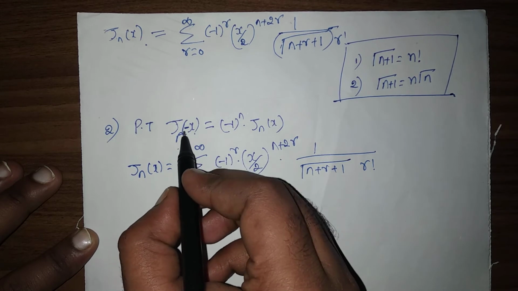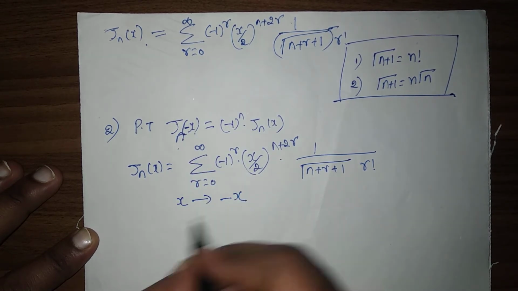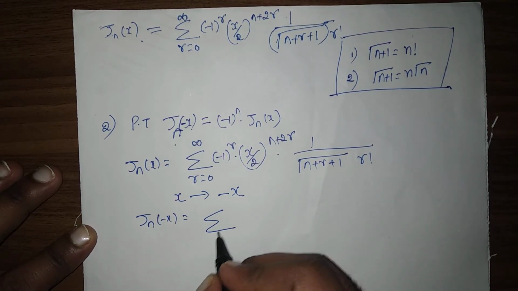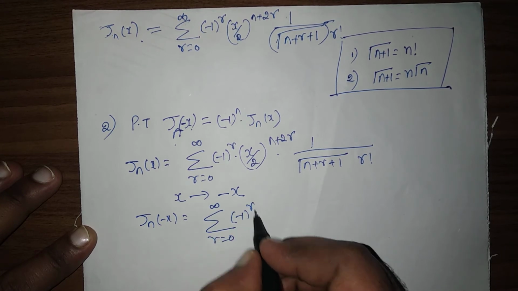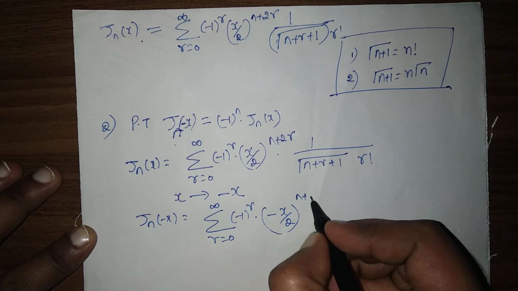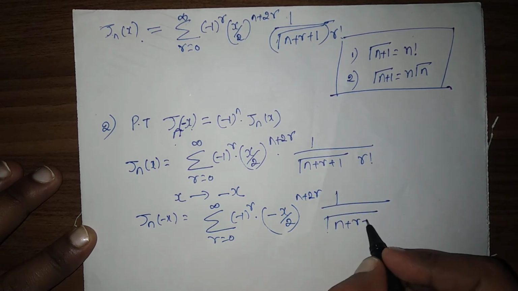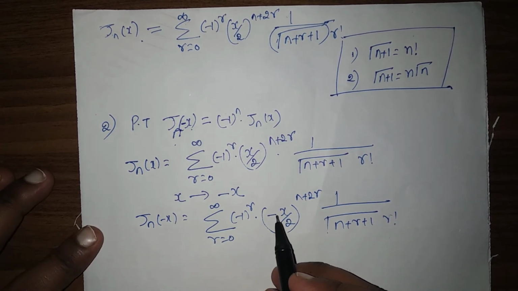Now we want Jn of minus x. I will replace x by minus x. So Jn of minus x is equal to summation r varies from 0 to infinity, minus 1 to the power of r, minus x by 2 to the power of n plus 2r, 1 divided by gamma of n plus r plus 1 into r factorial. I have just replaced x by minus x.